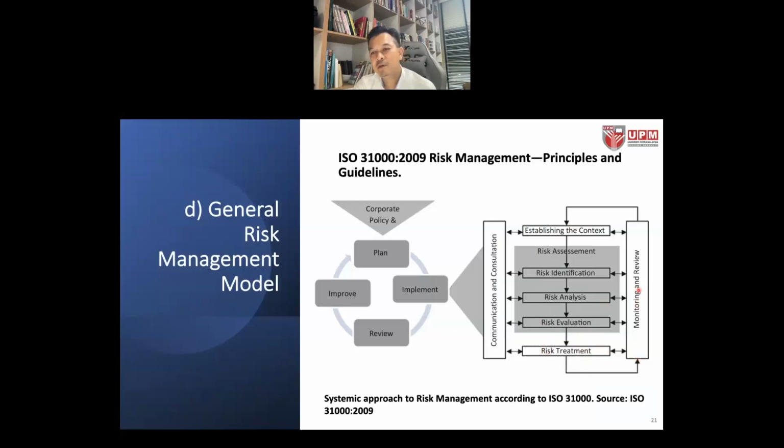And everything is being monitored and reviewed, and the process continues to fit into the implementation process. So once it is implemented and reviewed, it can be improved, then it can be planned for the company to achieve the company vision and mission, right?